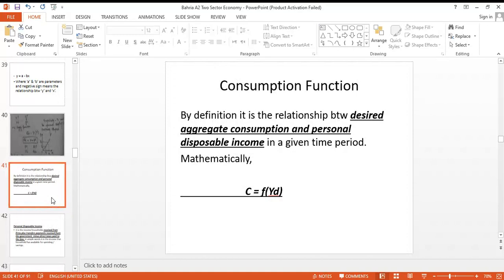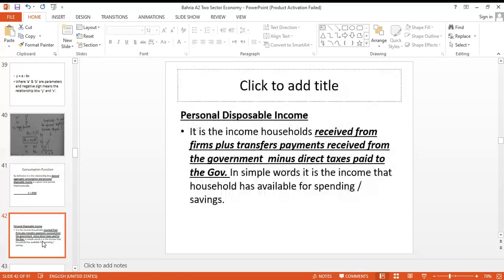All right, so if we summarize this consumption function, then what is the consumption function equal to? Consumption is a function of, it depends upon the level of disposable income. Here we have refined the term from income, we now call it disposable income.